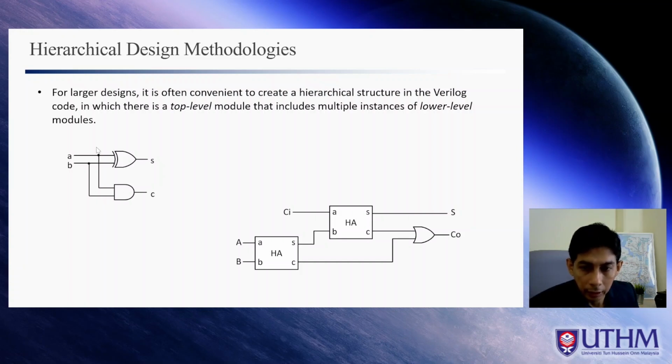So this is a half adder, and we can create a block like this. This is the gate level schematic. We have A, B, and we have the outputs S and C, sum and carry.